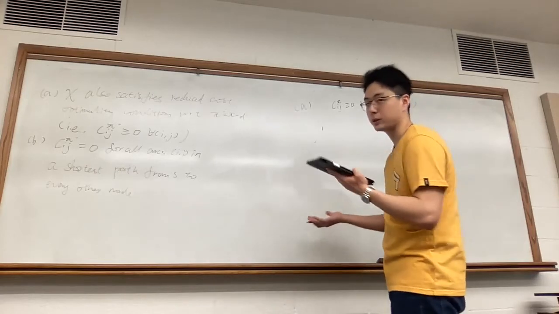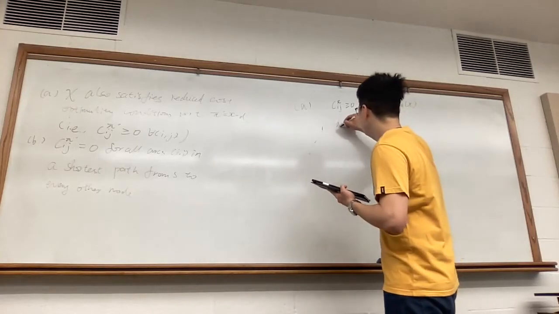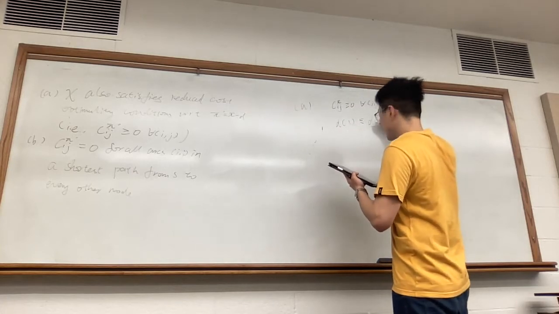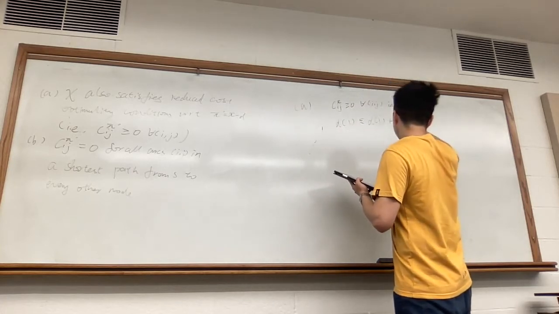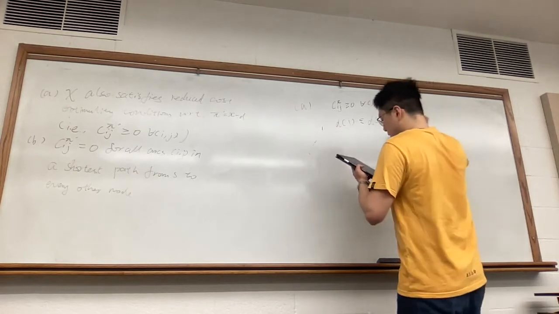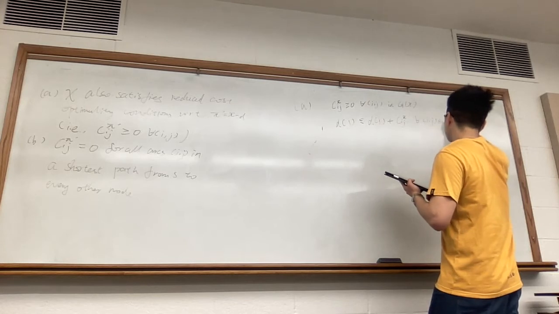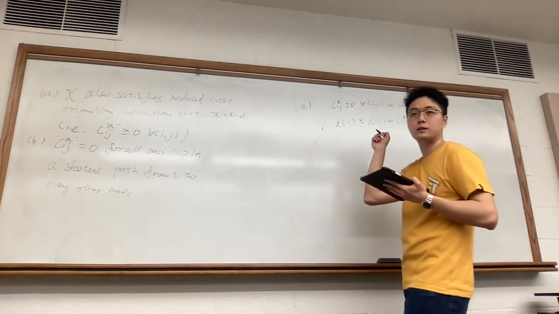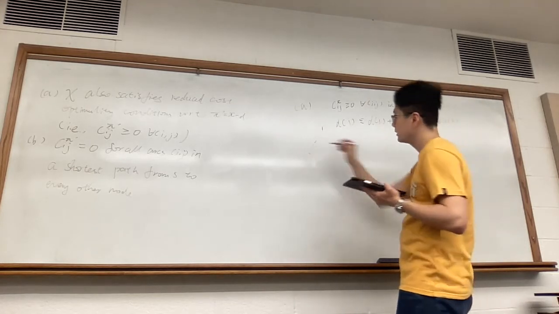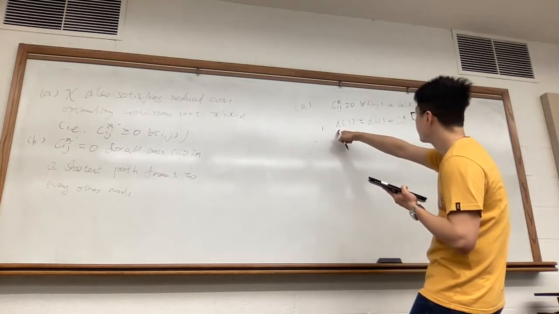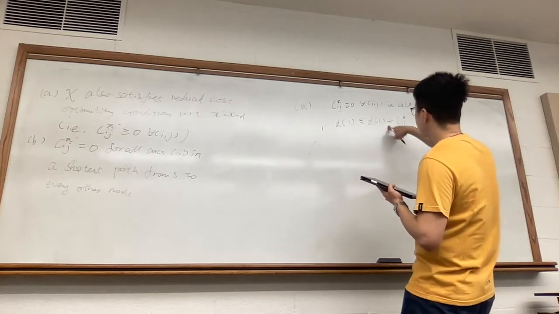And also d should satisfy dj is less than or equal to di plus Cij pi for any ij in Gx. Is this clear? Right. Because d represents the shortest distance, of course dj is less than or equal to di plus Cij pi.